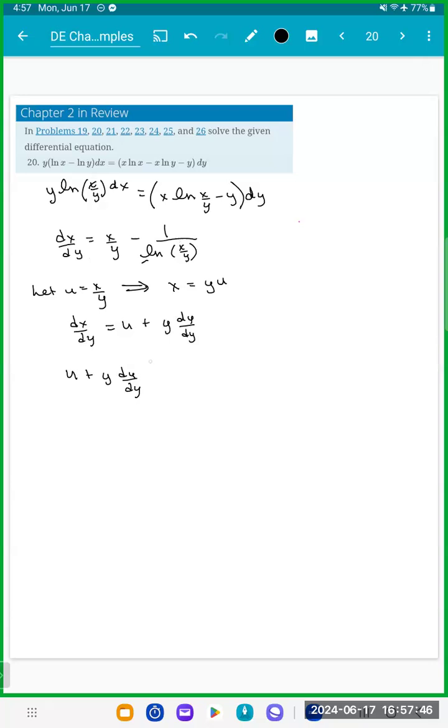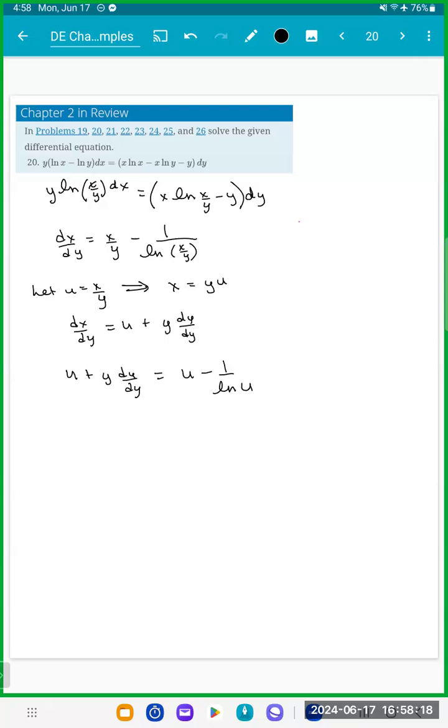And so we have u plus y du/dy is equal to, well, let's plug in this portion, u minus 1 over ln of u, following along with those substitutions.